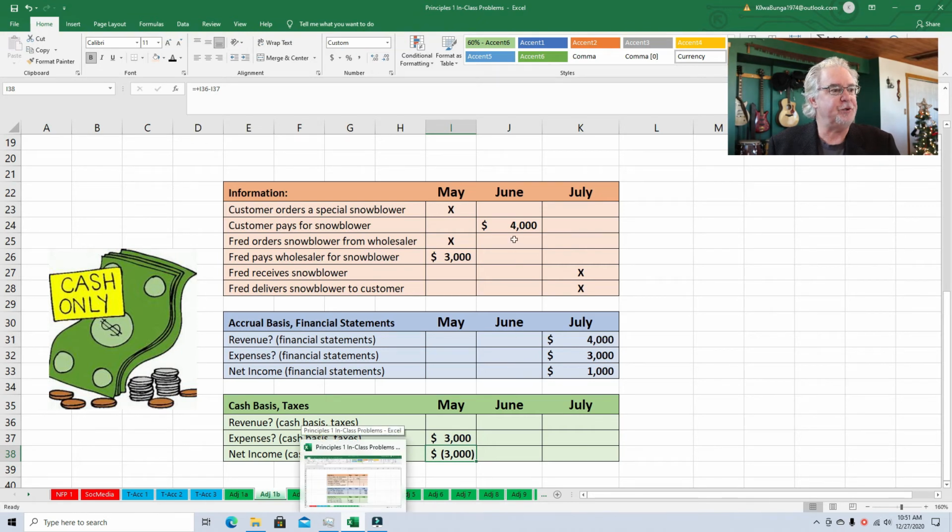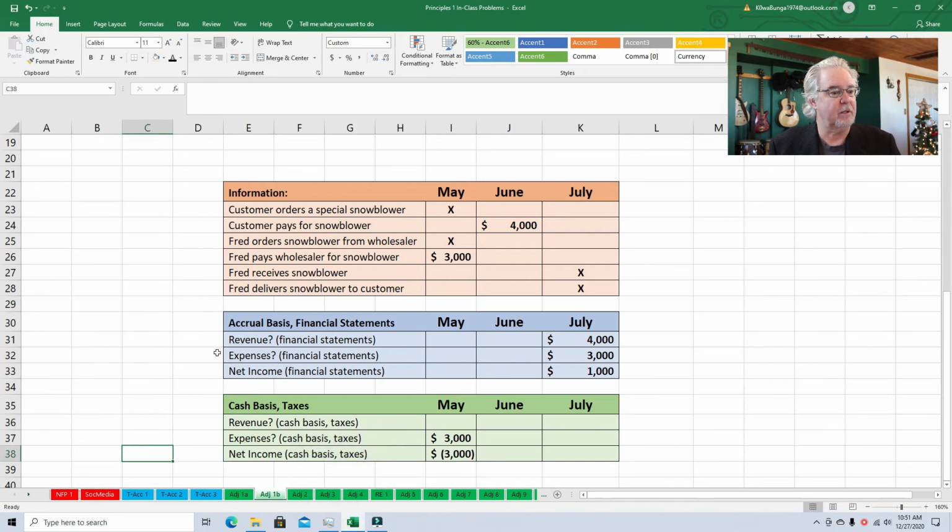But then in June, the customer pays for the snowblower. So in June here, Fred is going to have some revenue on the cash basis because the customer paid for the snowblower in June. So here we go, $4,000.